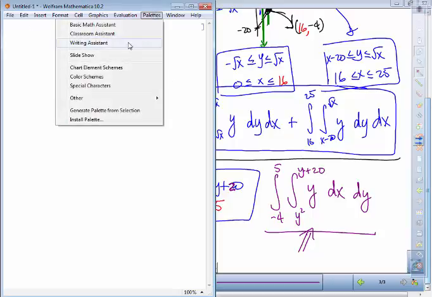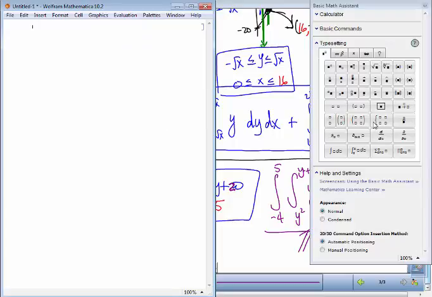That's my palette. Definite integral. DINTT.